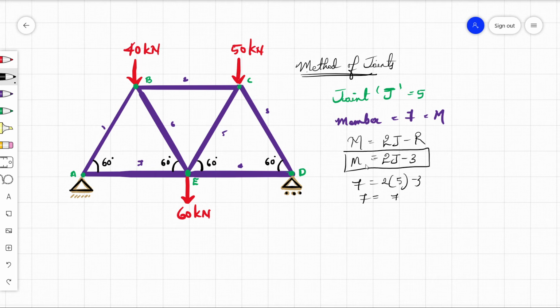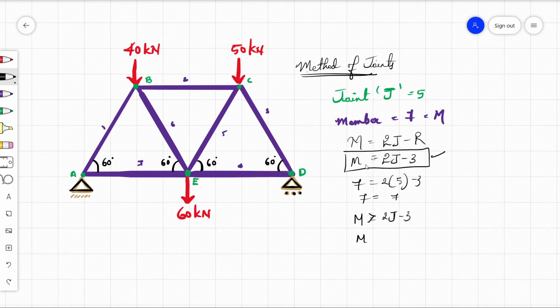When a truss holds good for this equation, that type of truss is called a perfect truss, a perfect frame. Coming to the next, what if M is greater than 2J minus 3? In that case, we call it redundant because we have more members than required.